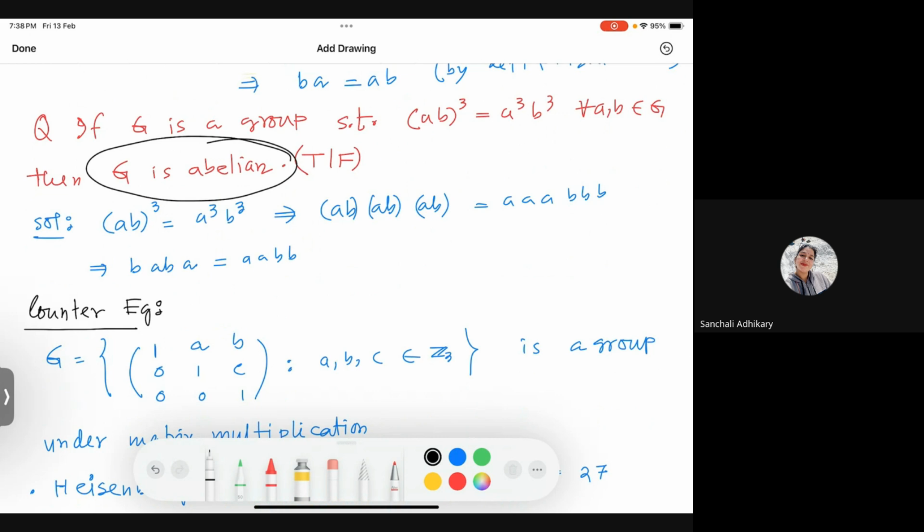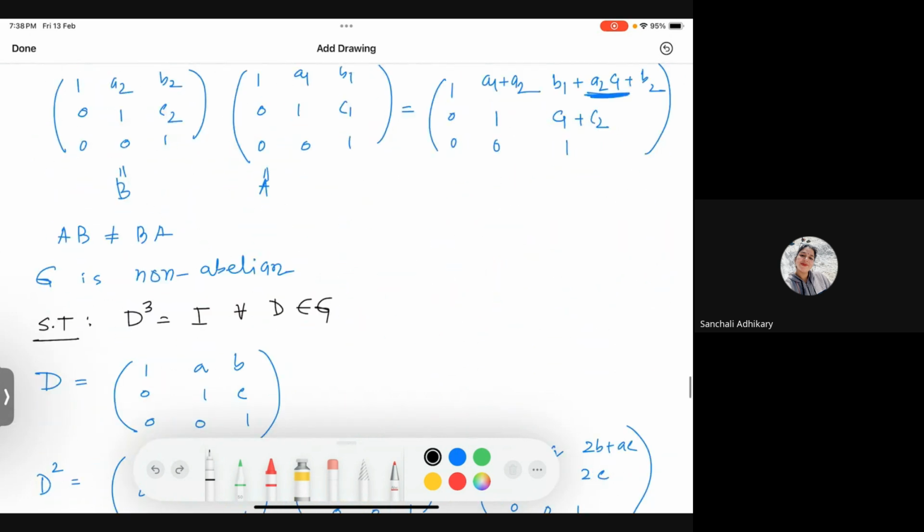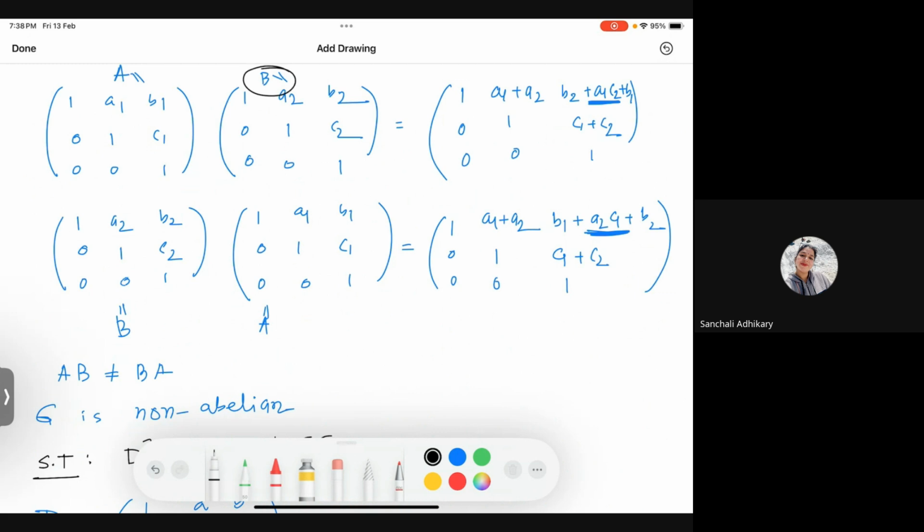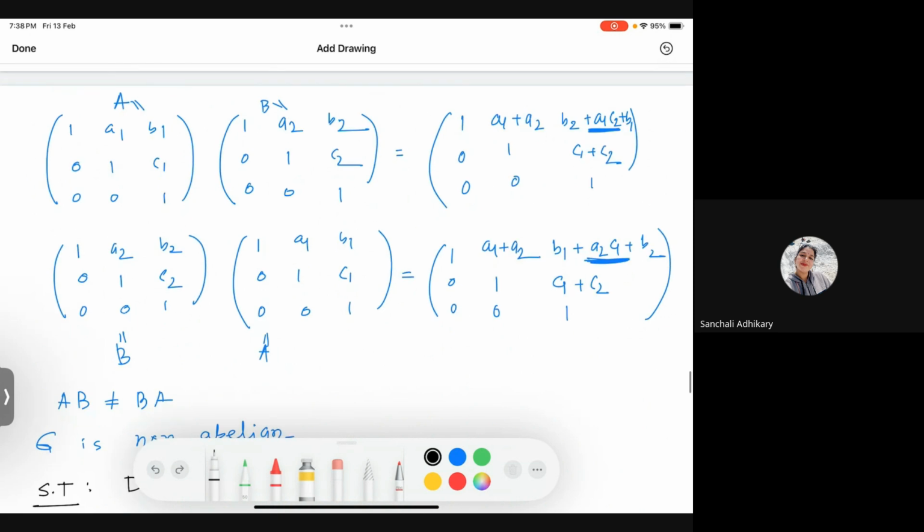The answer is no. Why? Because I multiply this A and this B, and I observe AB is equal to this. And if we multiply B into A, then I get this matrix. But observe here, this part is equal, right?